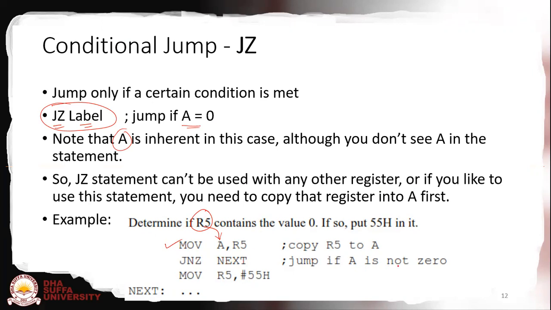It means jump if A is not 0. In other words, what you're saying here is jump if R5 is not 0, via the A register. So move R5 55, and if so, it will move next to it.